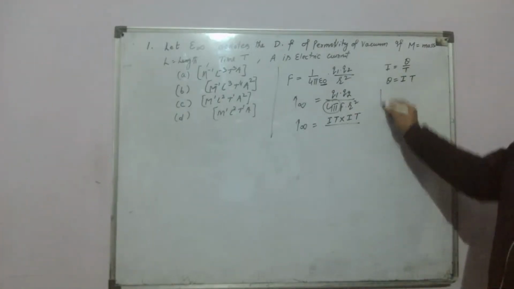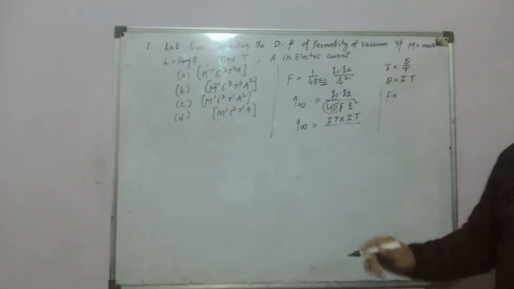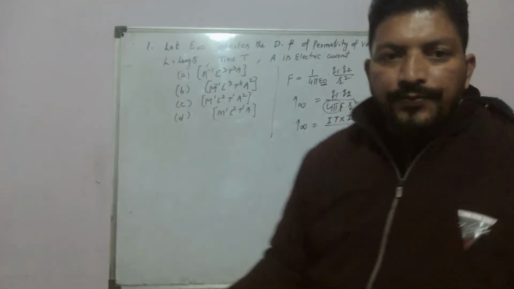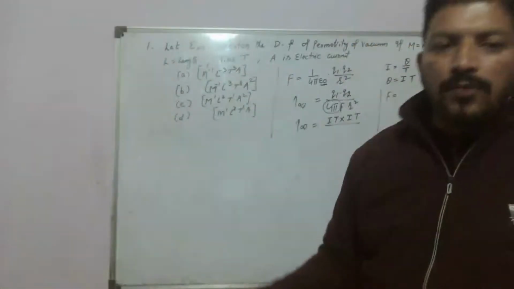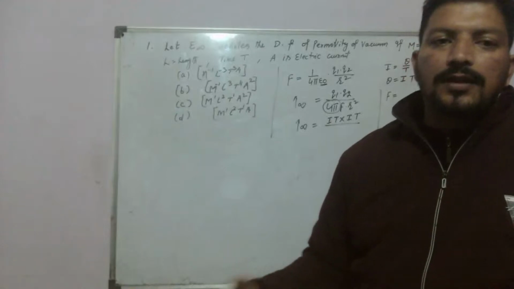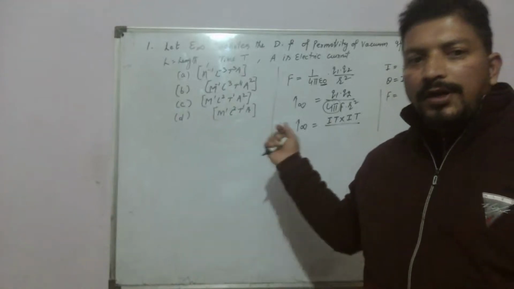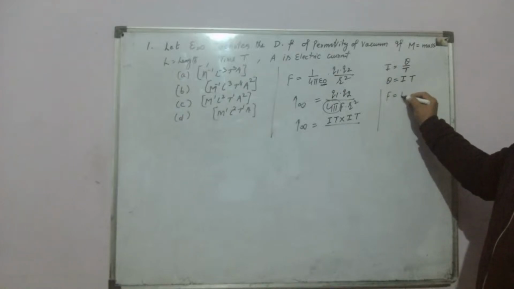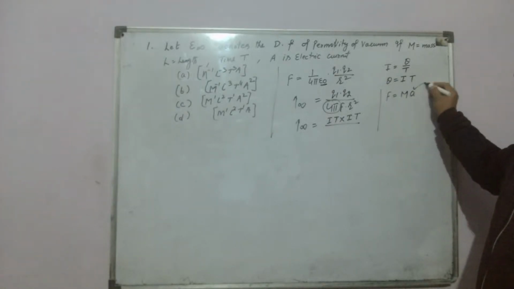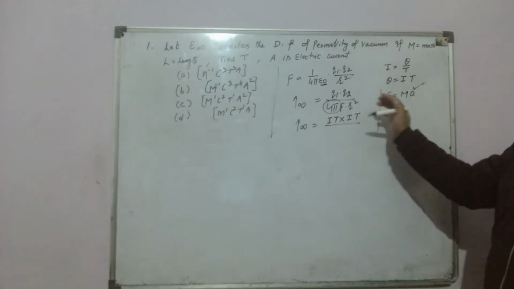So you can solve the formula of force. If you are a beginner, then you solve the dimensional formula step by step. After that, don't cram it. Solve this formula: F is equal to M into A. Your target is MLT.